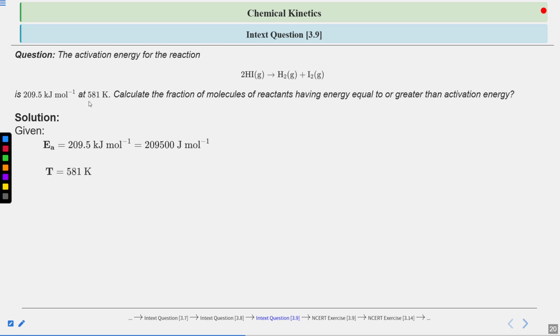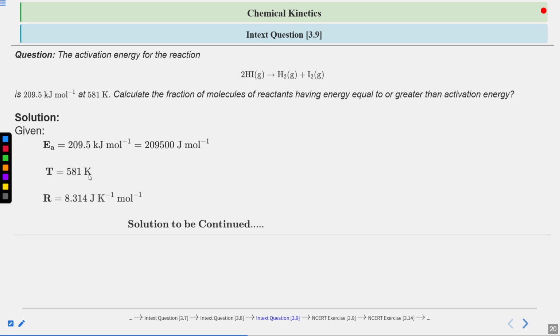The temperature is already given, 581 Kelvin. If you remember the Arrhenius equation, you are given the activation energy and the temperature, and R is a constant, so you can consider it already. R is equal to 8.314 joule per Kelvin per mole, right?